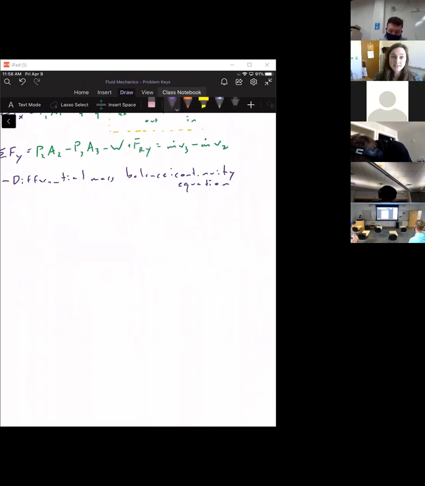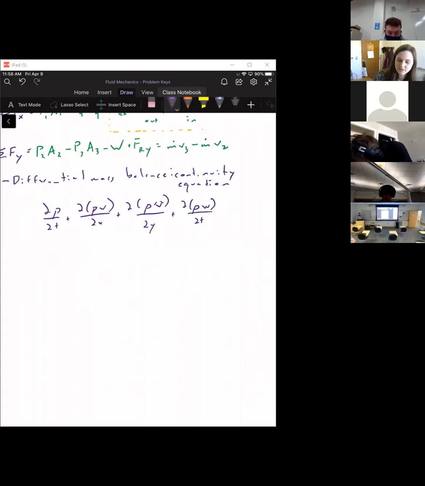So in Cartesian coordinates, and that's all I'm going to write, the continuity equation is ∂ρ/∂t plus ∂(ρu)/∂x plus ∂(ρv)/∂y plus ∂(ρw)/∂z, where u, v, and w are the x, y, and z components of the velocity, is equal to 0.